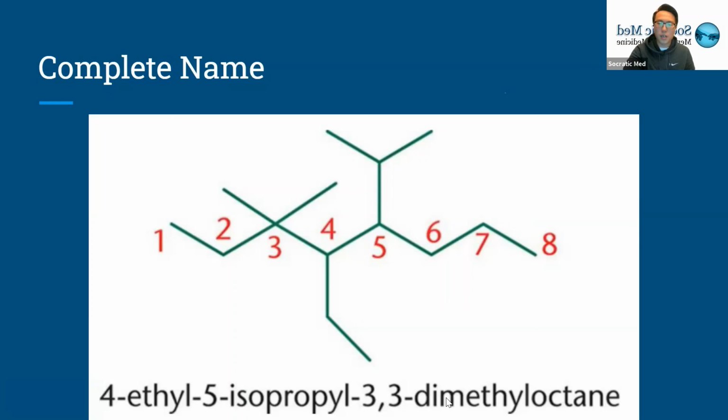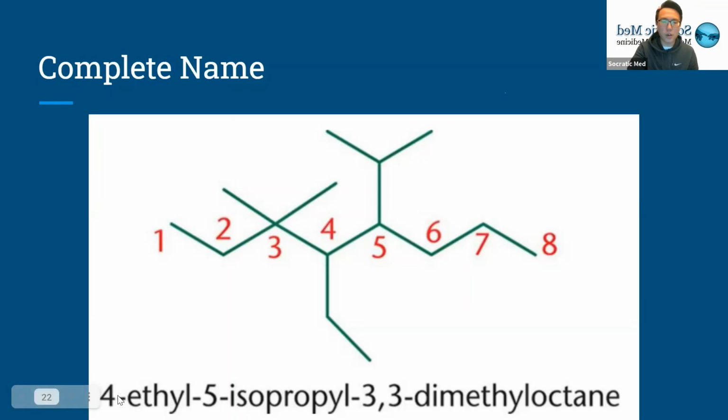So you can see here, even though it says dimethyl, which would be before ethyl and isopropyl if we were considering the di prefix, for any prefix like di, tri, tetra, we don't consider it when alphabetizing. So we would consider the M in methyl when alphabetizing.